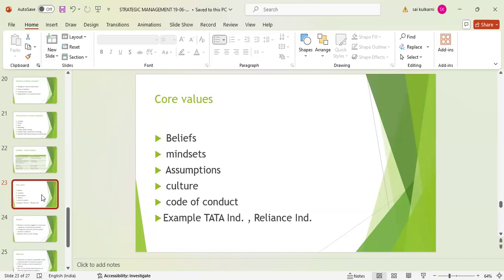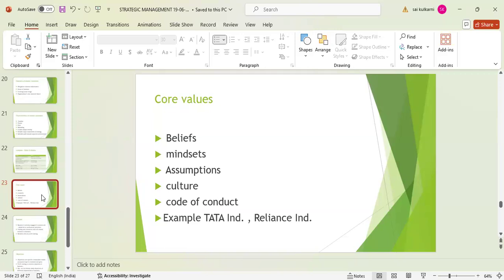In MNCs, multinational companies, there are employees from different cultures. But in the organization, the same code of conduct, the same work culture should be followed. So there are cross-cultural issues also, but overall the average culture should be the same for each and every organization, and it should be built up. So core values are related to this.